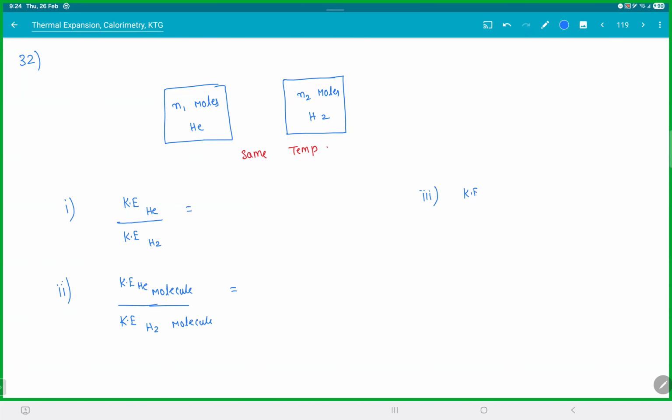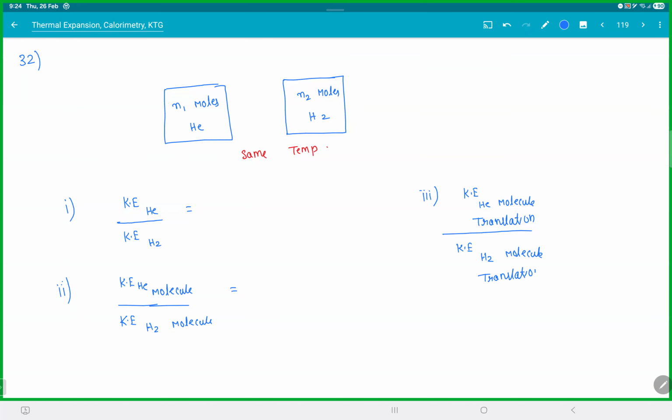Find the ratio of kinetic energy of the molecule translation, and of hydrogen molecule translation. There, get these ratios.